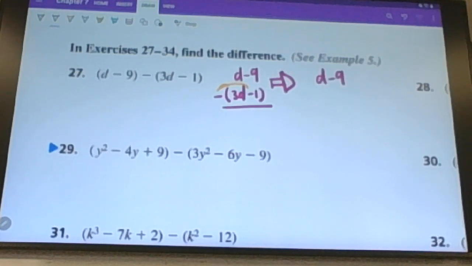And I get d minus 9 minus 3d plus 1. And so that would be -2d minus 8. Anybody right? 8. Okay. Anybody have a question?